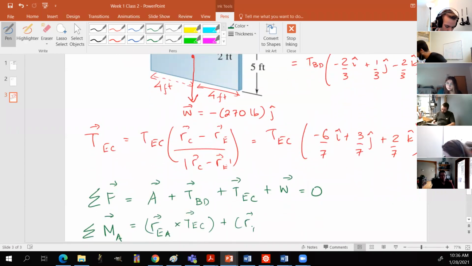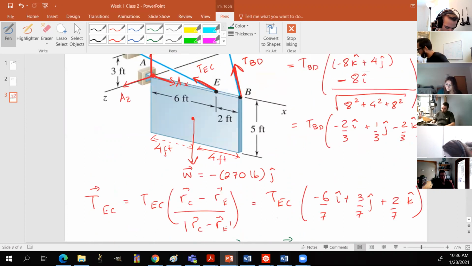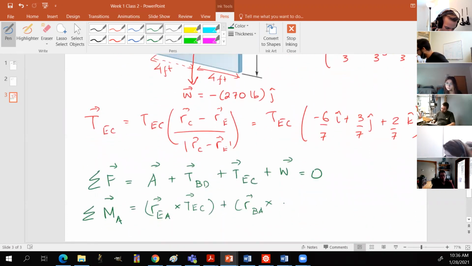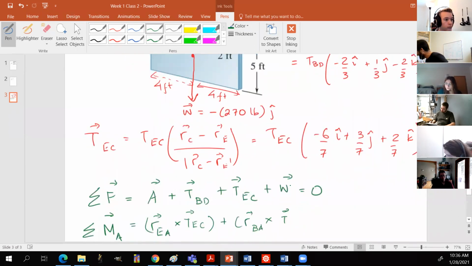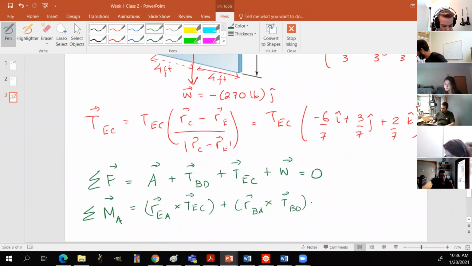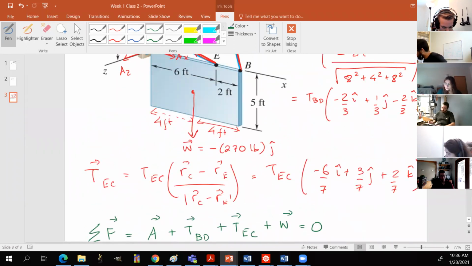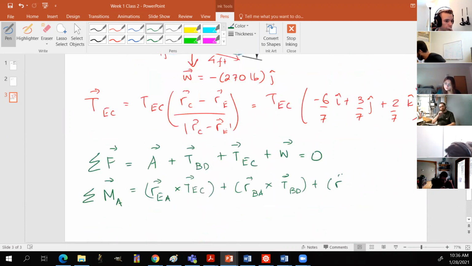R from B to A crossed with TBD, right? Plus, let's say that that point is also, we just call it W. So R of W to A crossed with your weight vector W, and that guy is just equal to 0, right?